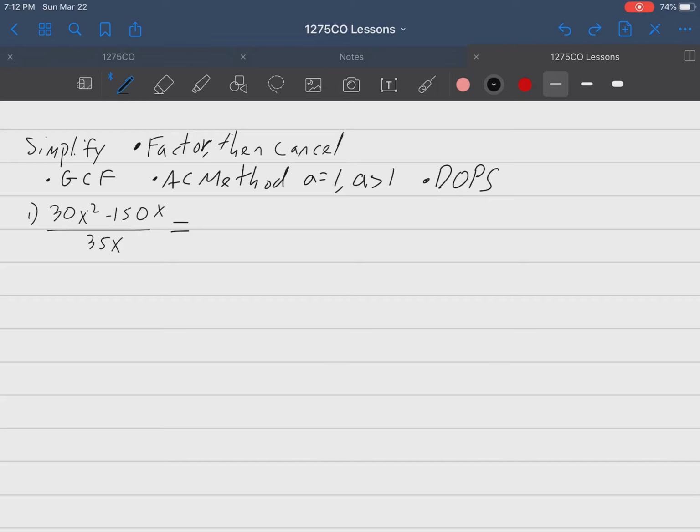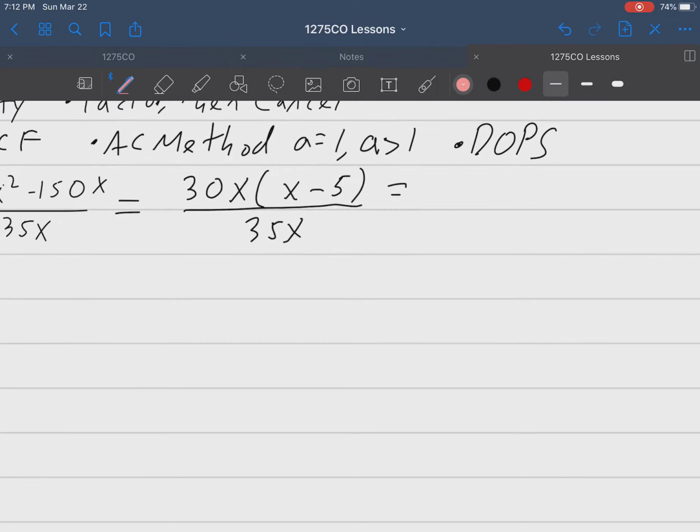So let's take a look at this 30x squared minus 150x. There's a greatest common factor up top, and that's 30x. x minus 5 is left in the parentheses, and on the bottom is 35x. Now what cancels? x and x cancel.